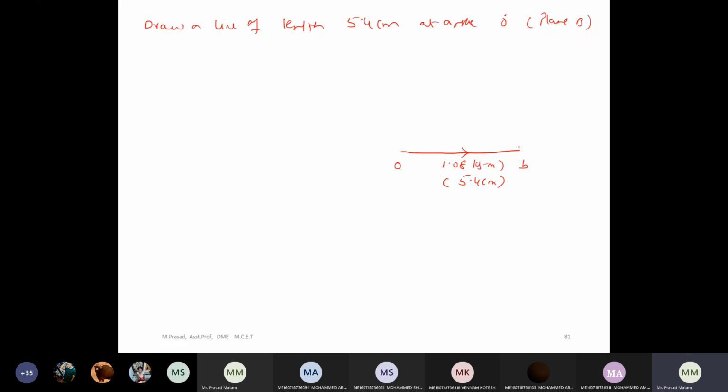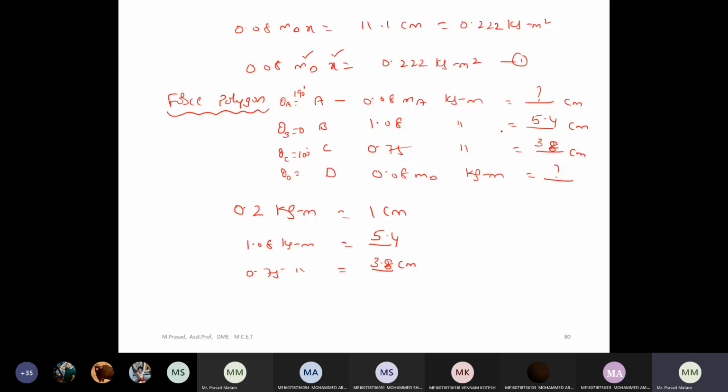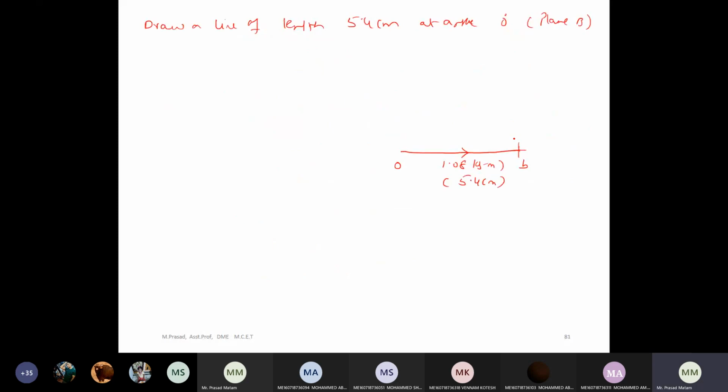Now from point B, where C is located, making an angle of 100 degrees. What is the length for plane C? Already we have calculated it. That is 3.8 centimeters. So from this point, a length of 3.8 centimeters, this is up to plane C. This value equals 0.75 kg meter, but in terms of length it is 3.8.